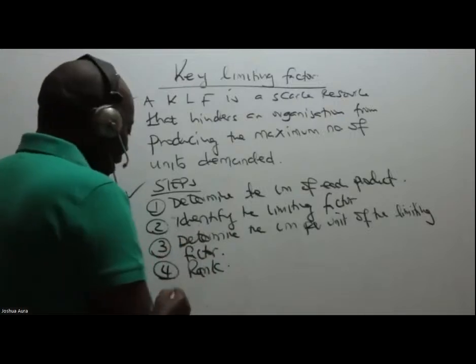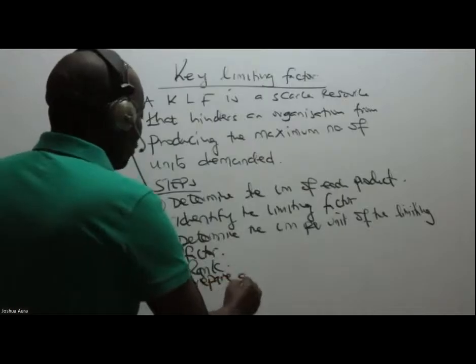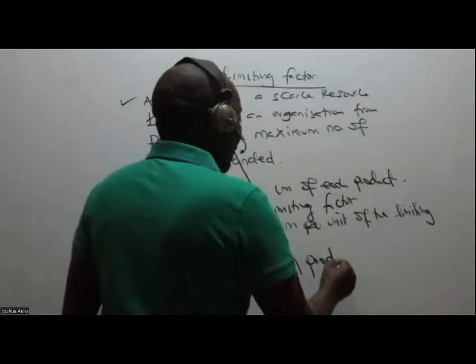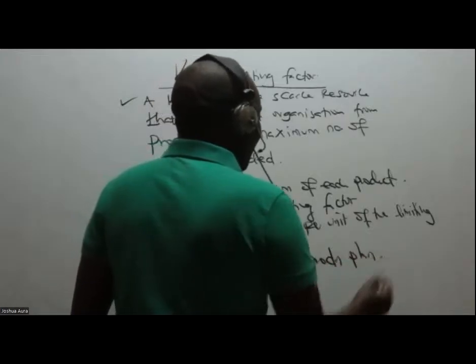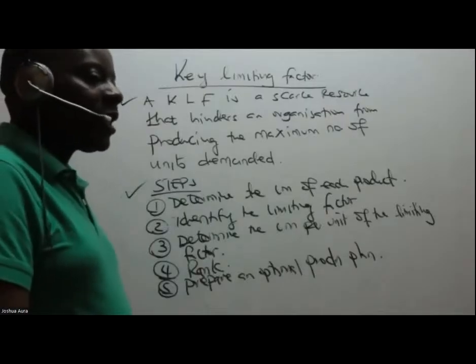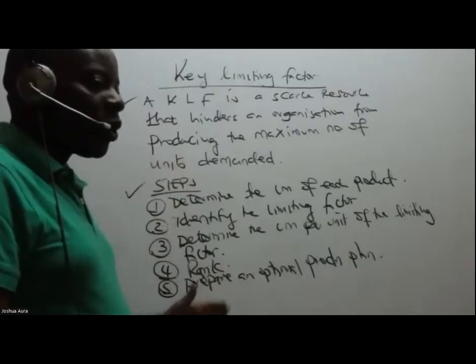Rank them. And then number five, you prepare an optimal production plan. That's how we get our key limiting factor production plan.